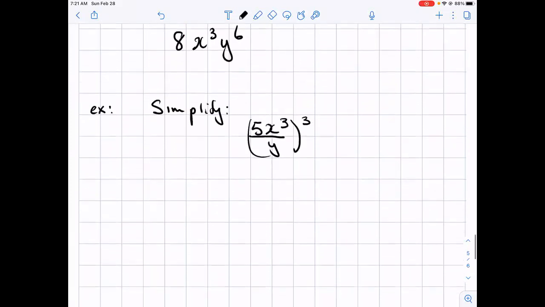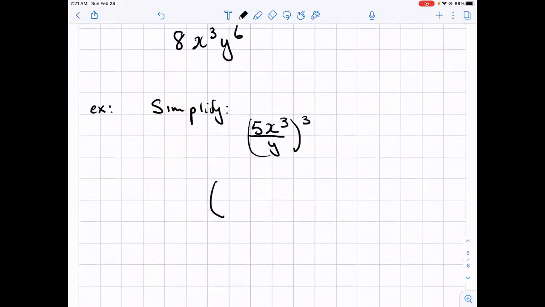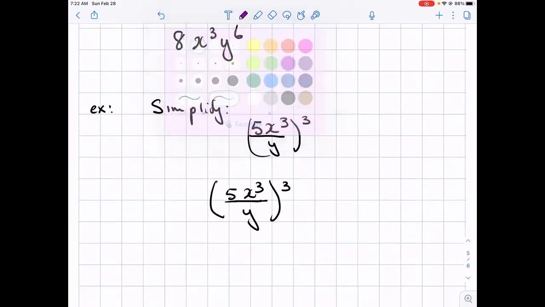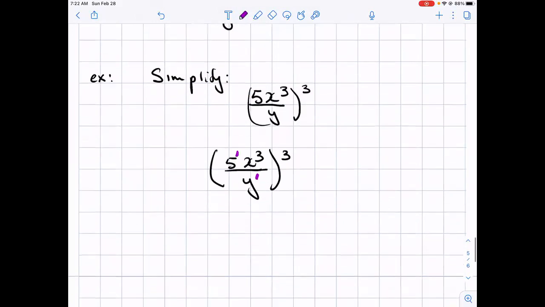We want to rewrite this as 5x to the third over y, but make sure you fill in those powers for everything. Very important. And now you distribute. Or you could write this as 5x to the third, everything to the third, over y to the third.